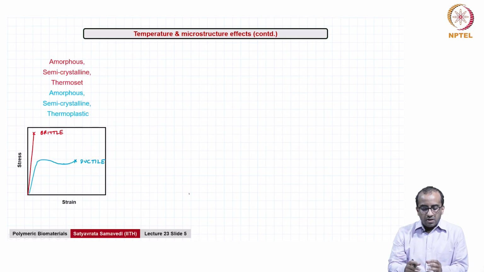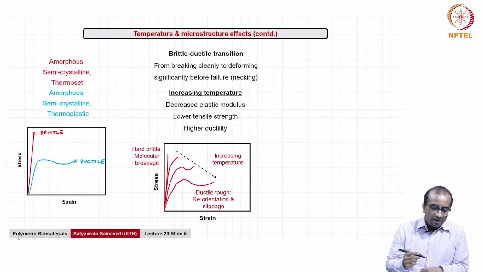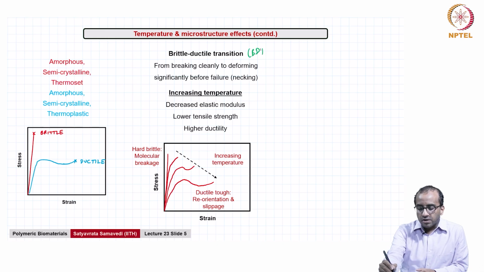Now, what we are going to do is look at the effects of temperature, and we are going to see that these do not have to be two different materials, but the same material can show brittle or ductile behavior depending on the operating temperature, in a phenomenon that we call brittle to ductile transition.